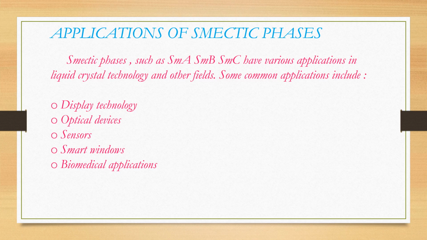So this is regarding optical devices. And sensors. Sensor applications include temperature sensors, pressure sensors, chemical sensors. The sensitivity of smectic phases to external factors enables development of responsive and accurate sensing devices.